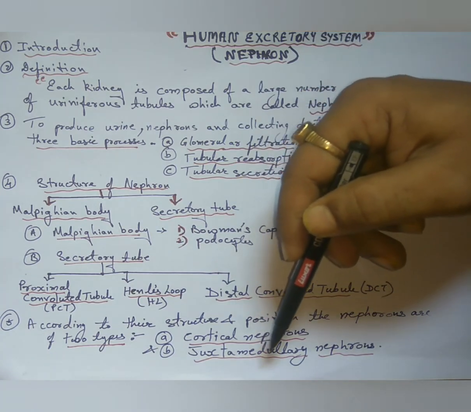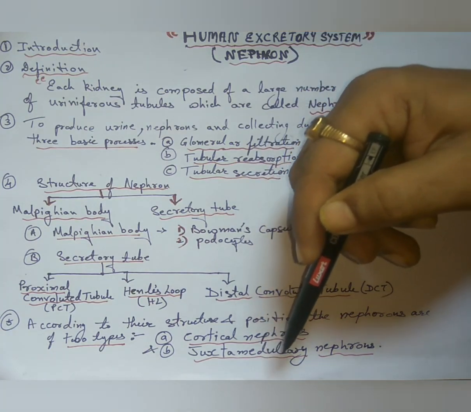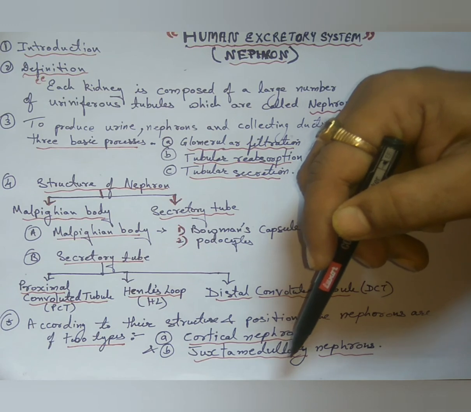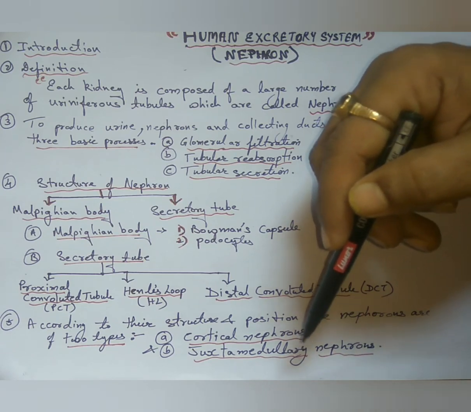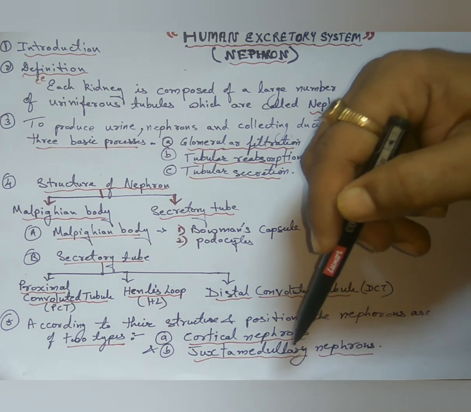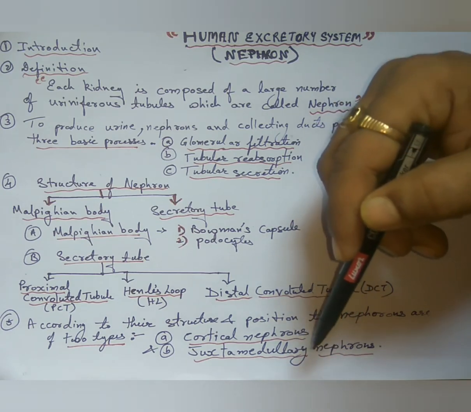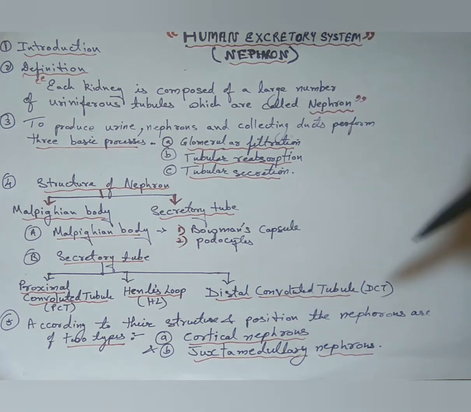Next, juxtamedullary nephrons. These have glomeruli that lie deep in the renal cortex near the medulla. These have long loops of Henle that extend deeply into the medulla. So this is about nephrons.